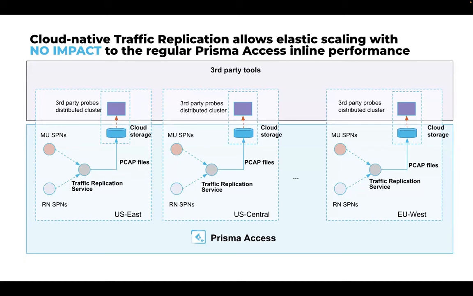So that makes sure we are not touching in any way the functionality of the processing nodes. So this will be a very independent function from the regular inspection that we are doing in Prisma Access.